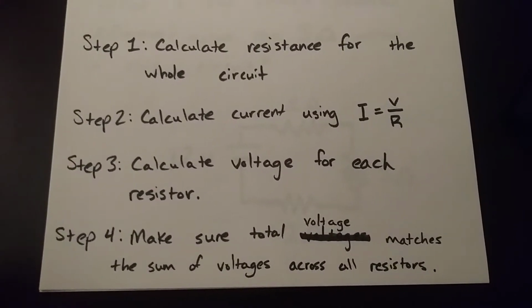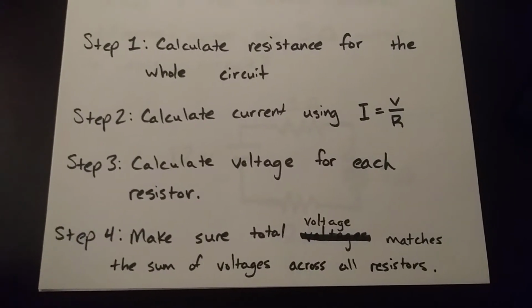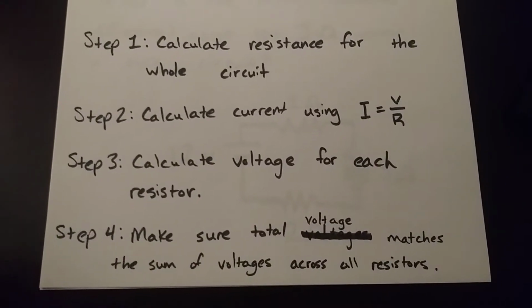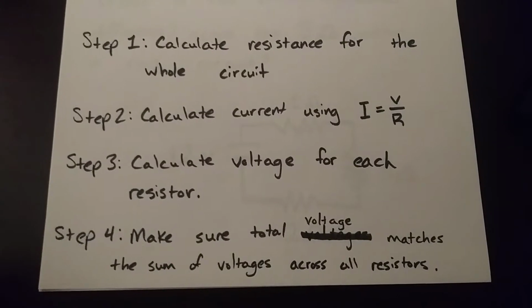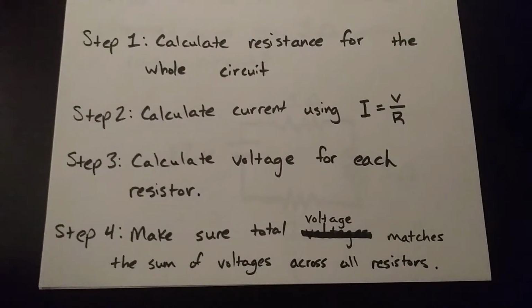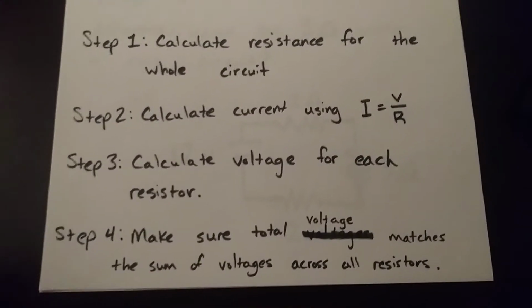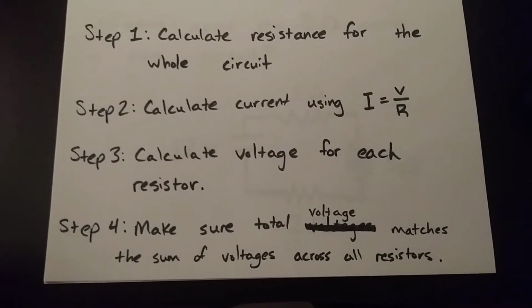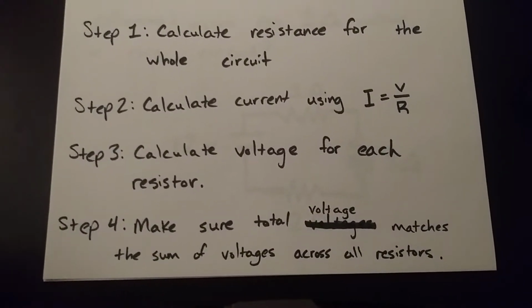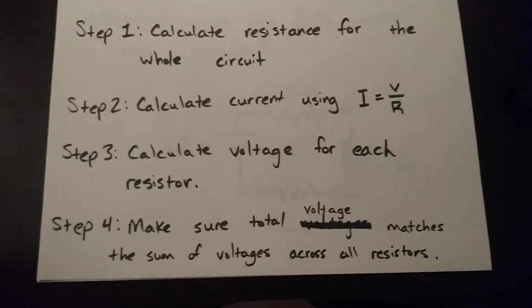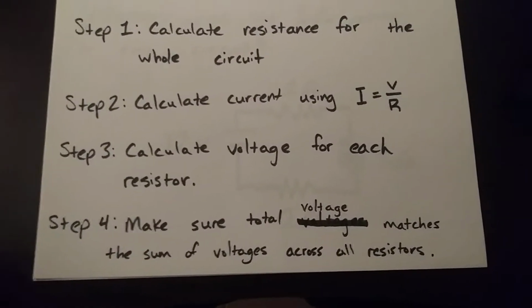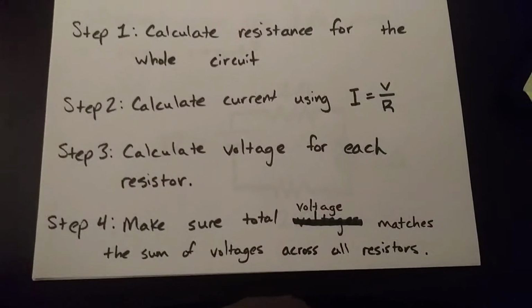It's named after a guy, Ohm. And that's I equals V over R, current equals voltage over resistance. Step 3, you're going to calculate the voltage for each individual resistor. I'll show you how to do that. And step 4, make sure the total voltage of the circuit matches the sum of voltages across all resistors. I'll show you how to do that.